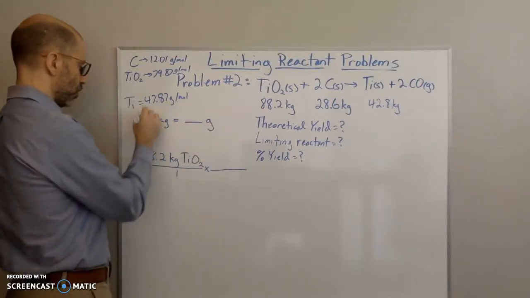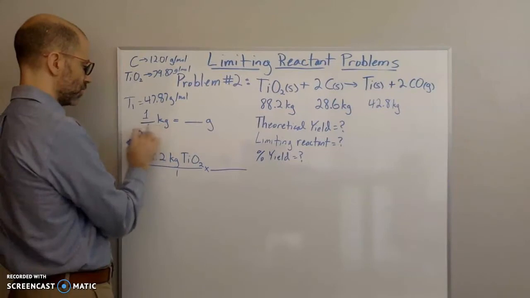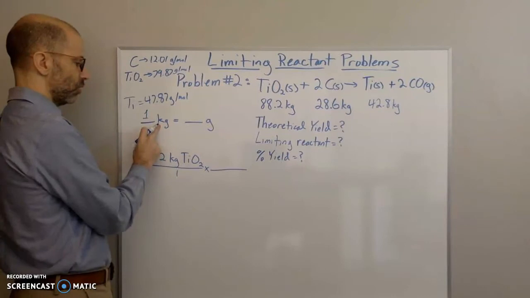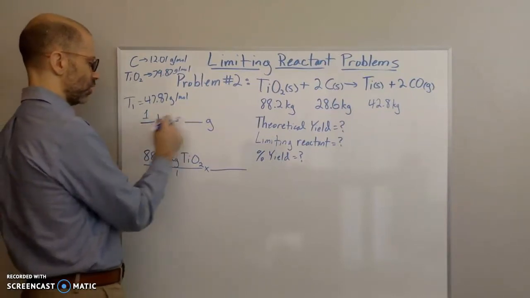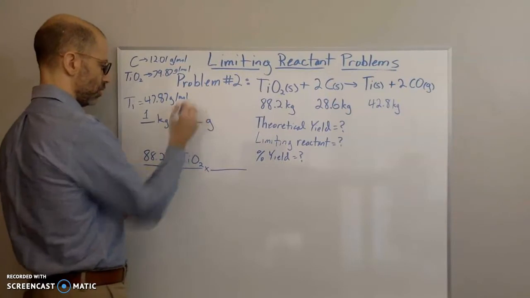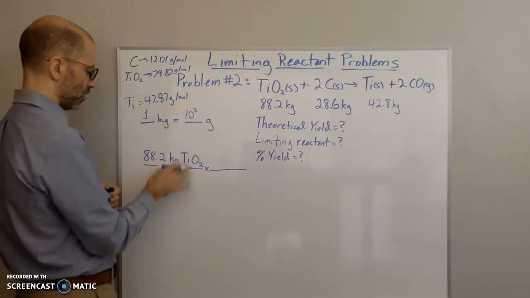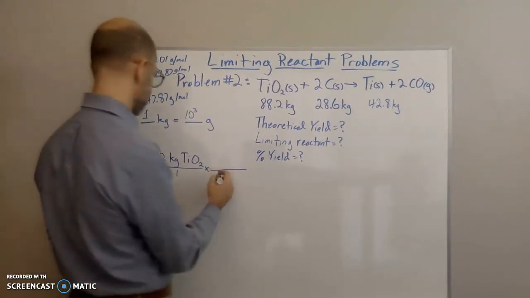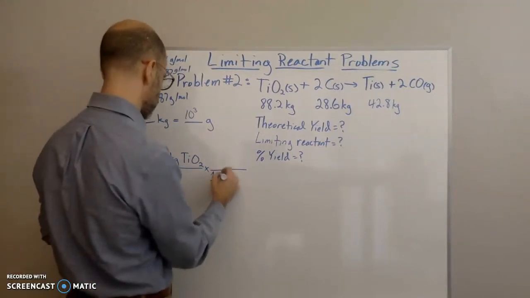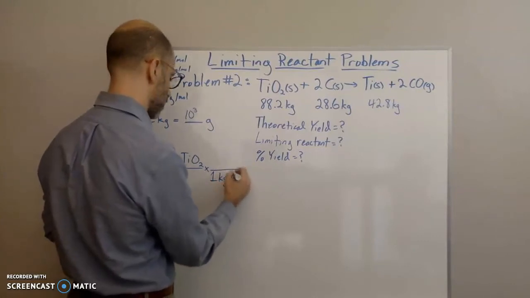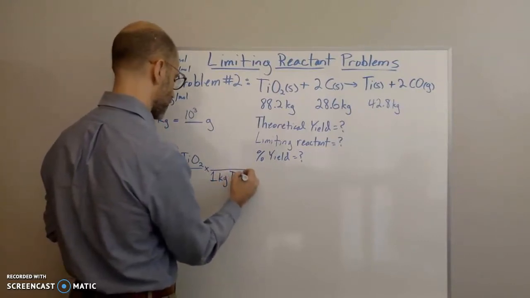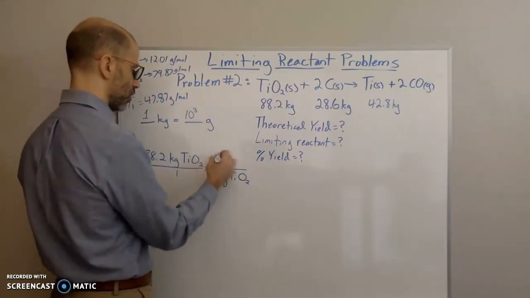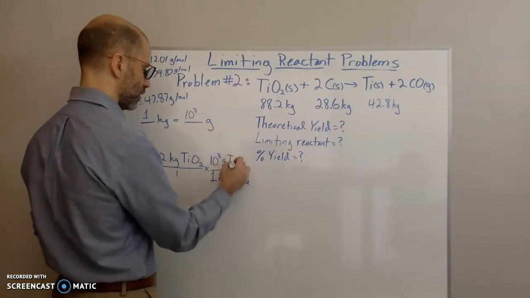You put the 1 with the prefixed unit, and the prefix multiplier for kilo goes with the base unit. Kilo is 10 to the 3. Since I have kilograms on top, I'm going to put kilograms on the bottom: 1 kilogram of TiO2, and 10 to the 3rd grams of TiO2.